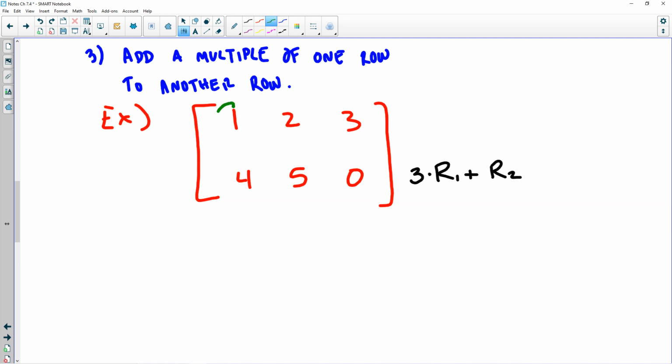We'll start with row 1, and we're going to multiply it by 3. So row 1 times 3, and then I'm going to add it to row 2. So I'm adding it to the second row. Basically, you're going to get your solution that looks like this. So 3 times 1 is 3 plus 4 makes 7, and that goes into row 2.